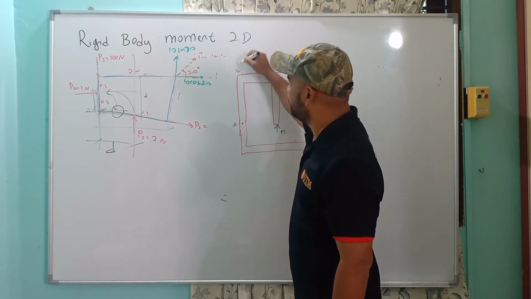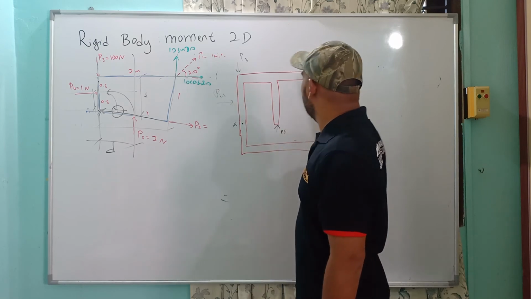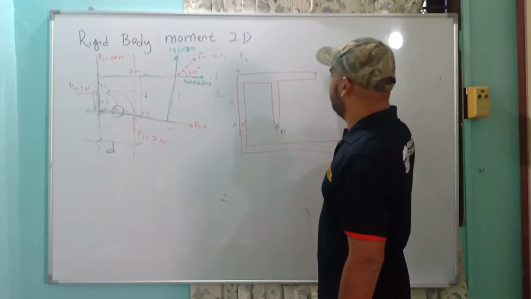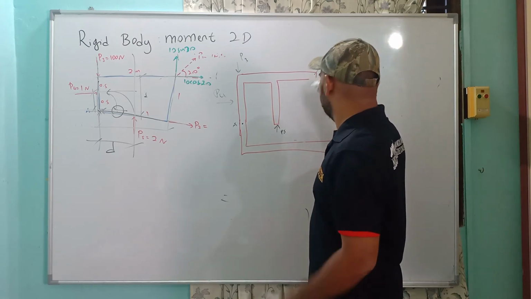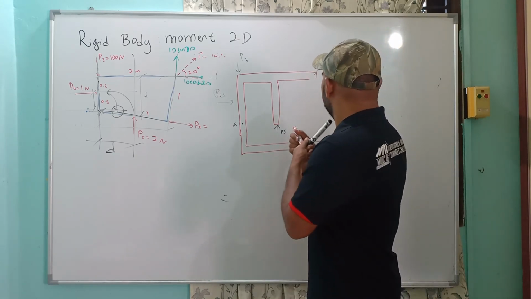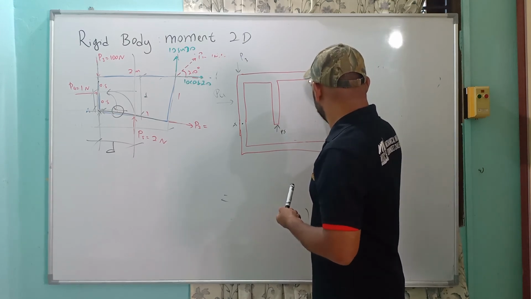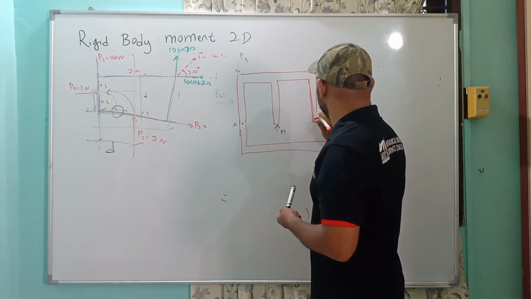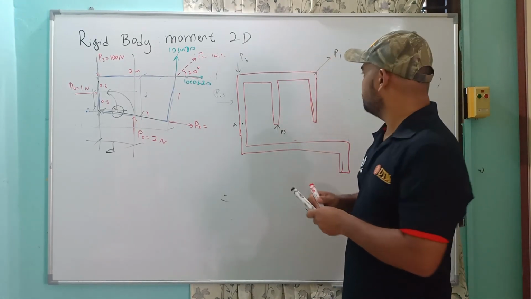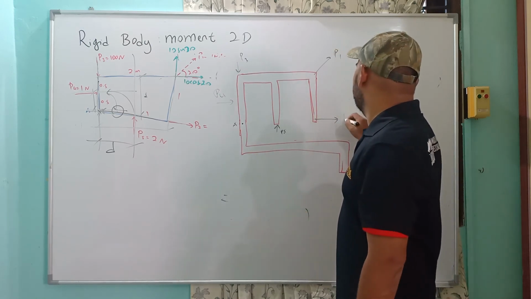I should have one more here. Let's say I have this component like this one, and I have one more here, P2.